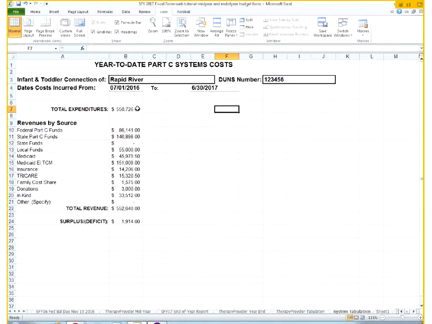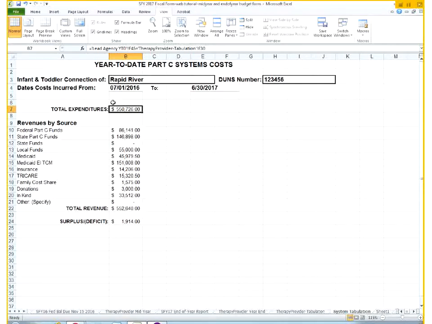The total expenditures here is going to pull in the total from your year-to-date for the local lead agency, which was that end-of-year report that I talked about a few moments ago, as well as the therapy provider tabulation, which Sarah just spoke about.